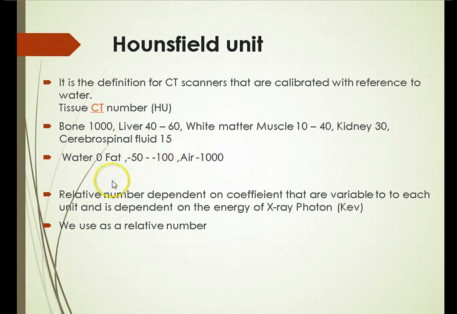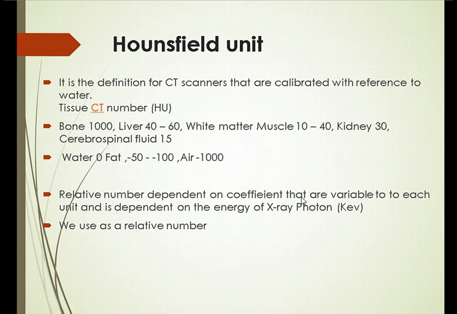Sometimes the number can even be negative compared to water, because water has some type of consistency versus air, for example, which is like minus 1,000. So it's a relative number, depending on the coefficients that are variables. The key part is it depends on the variables of each machine and how it's calibrated.